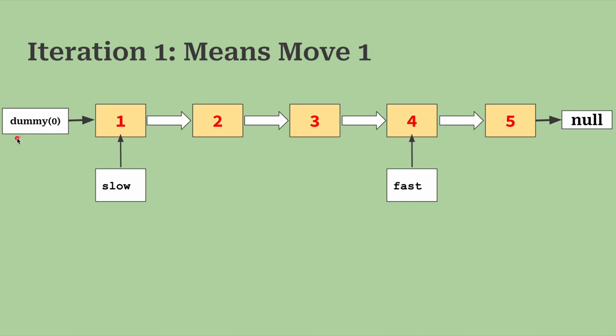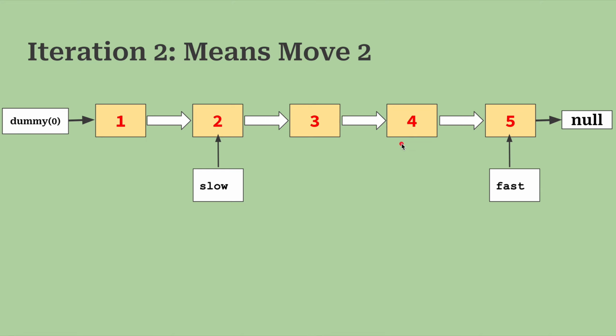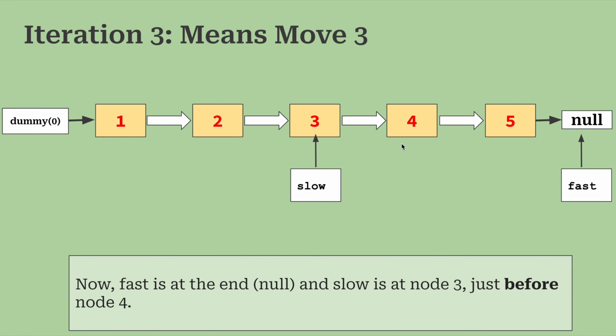Means in the first iteration, dummy will come to 1, and fast will also come from here to here, means 3 to 4. So this was iteration 1, we'll move to iteration 2 like this, and then to the next step.